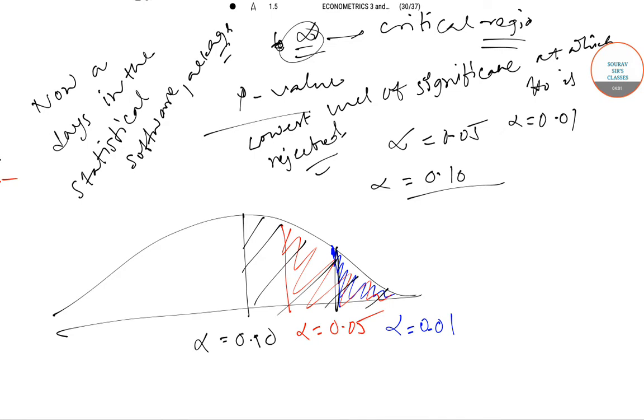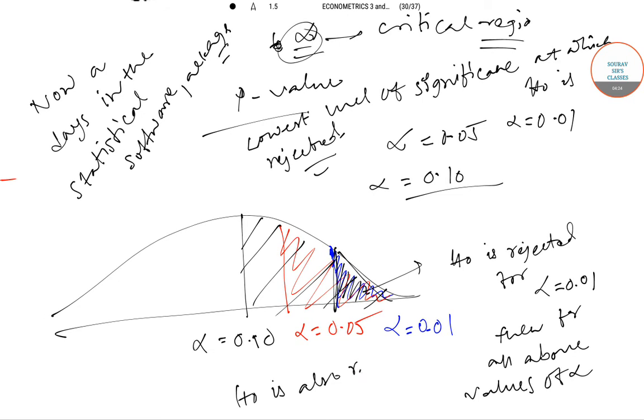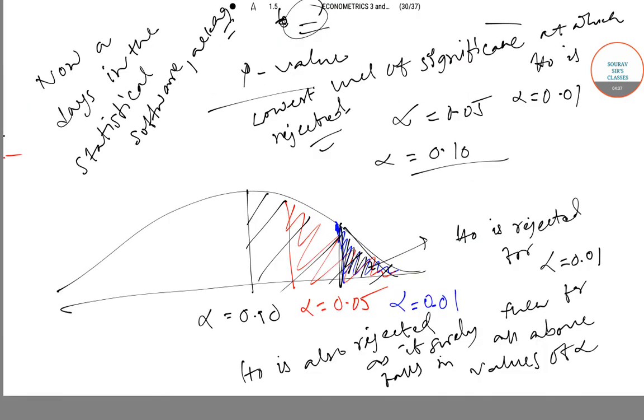Now, as we can see, if the H naught is rejected for alpha 0.01, then for all above values of alpha, H naught is also rejected, as it surely falls in the critical region.